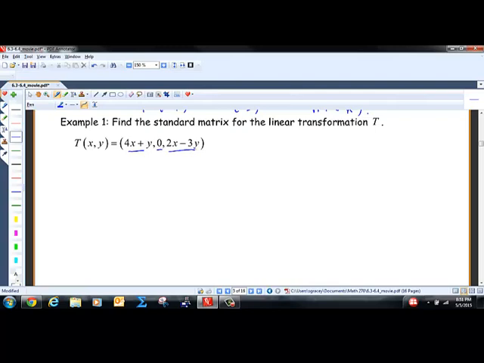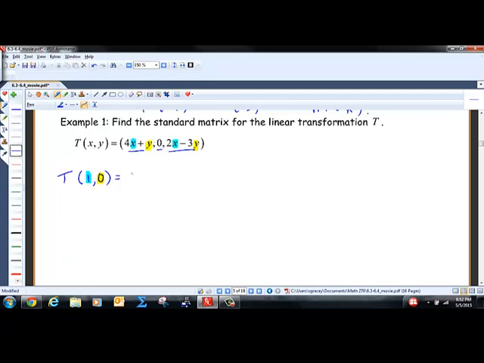So we start off by looking at T at 1, 0. So if I plug in a 1 for x in each of these parts, and this time a 0 for y, I would end up with 4 times 1 is 4, and then adding 0.